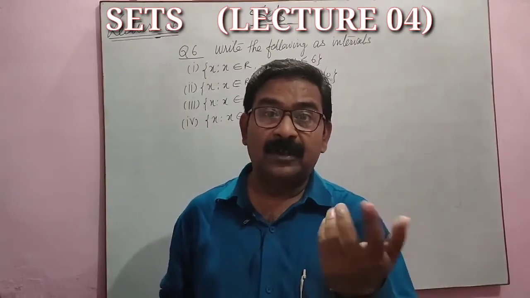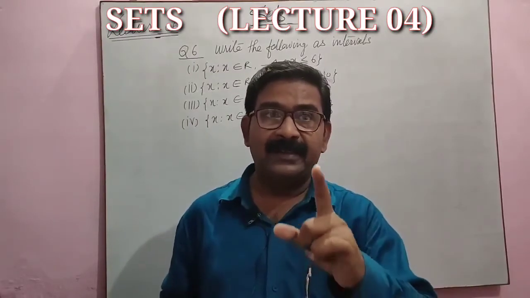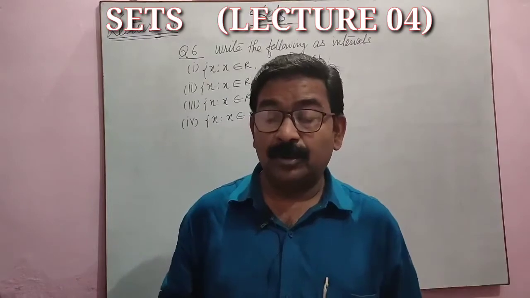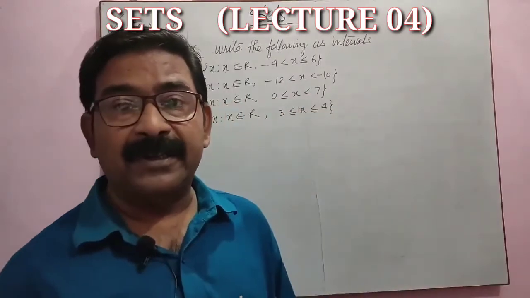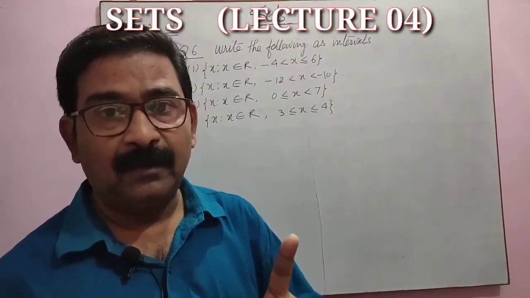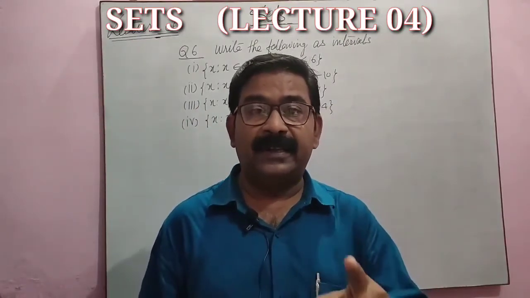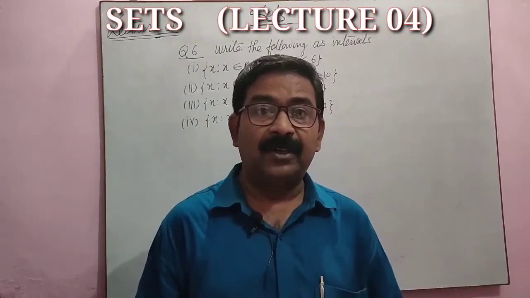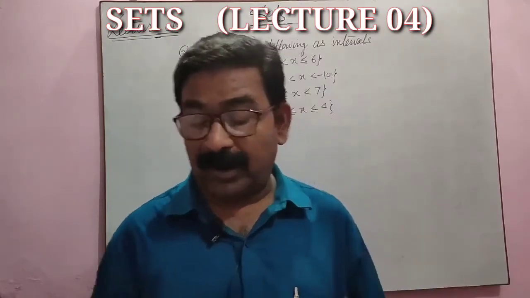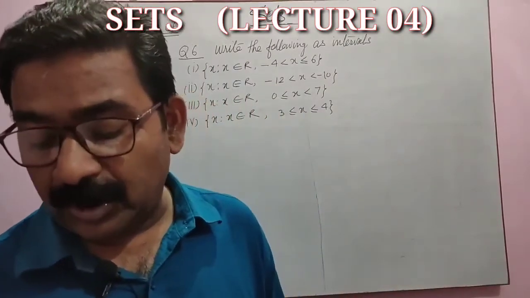So how many subsets? No element means phi is the element, the null set. So the number of elements in the power set is 1, because phi, the null set, is a subset of every set. So you will write 1 element. So this was the oral question.